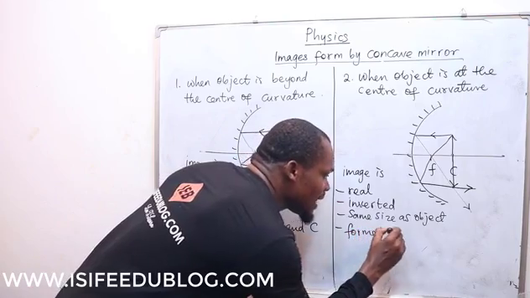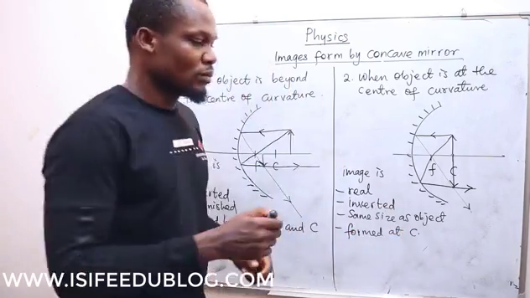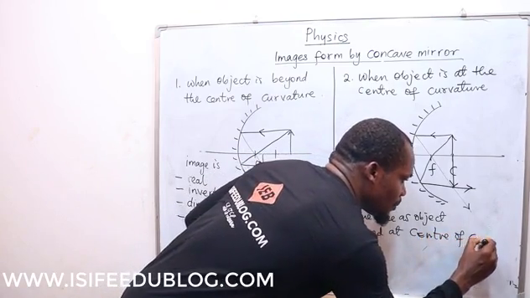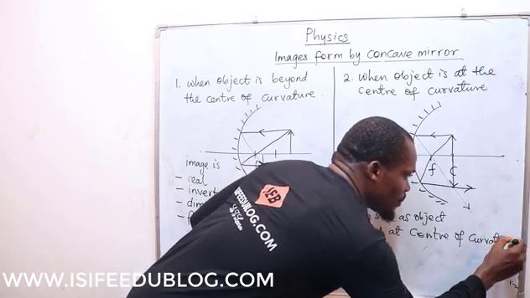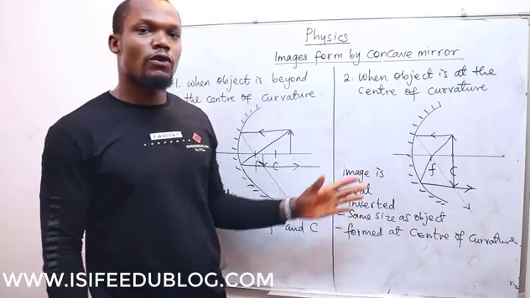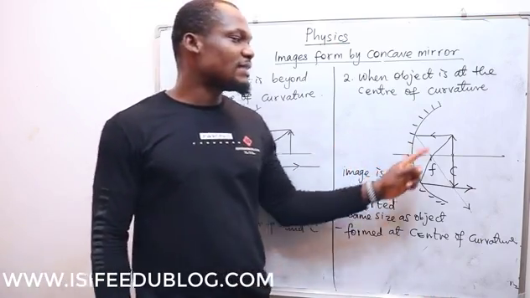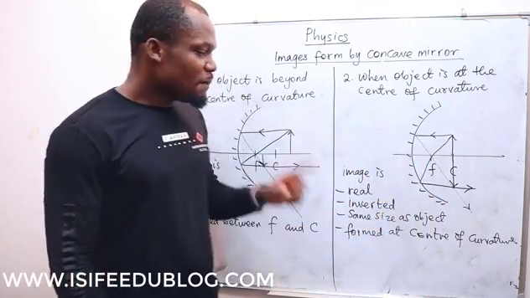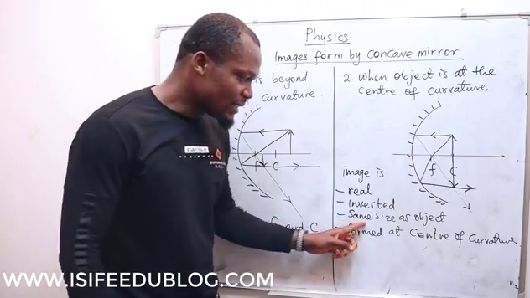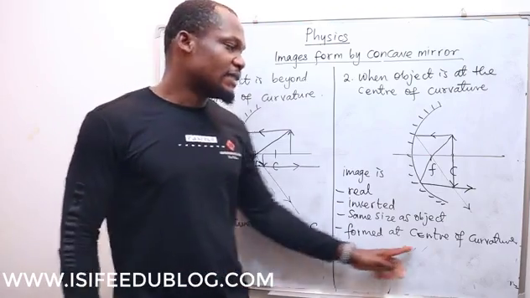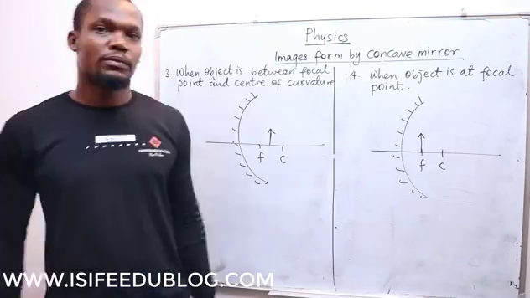It is formed at C, center of curvature. So this is a very important part of curved mirror. Whenever object is at the center of curvature, the image will be real, inverted, very, very importantly, the same size as the object, and also formed at the center of curvature.